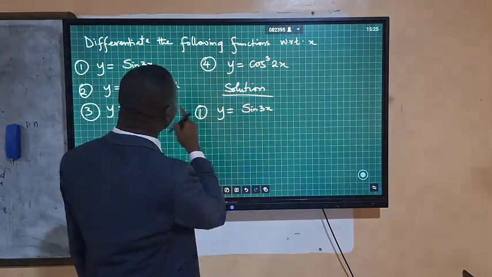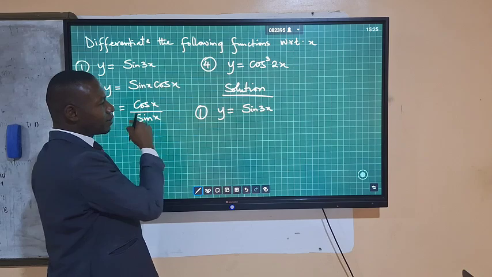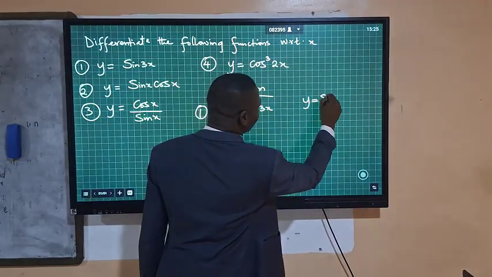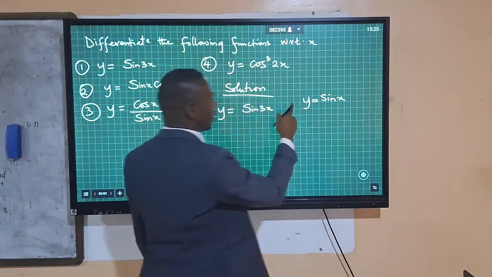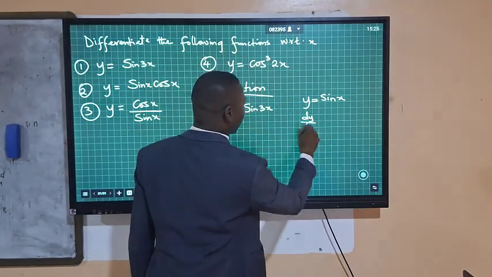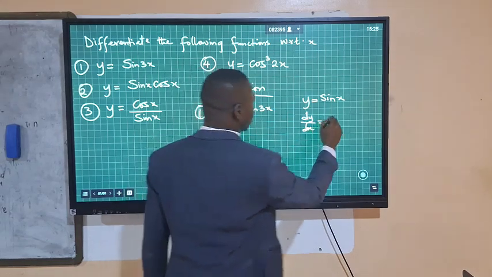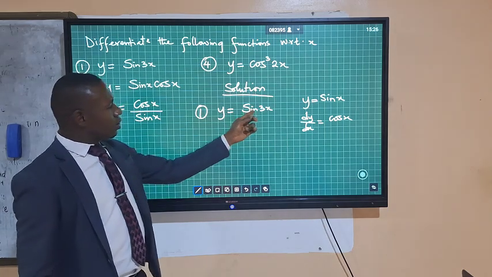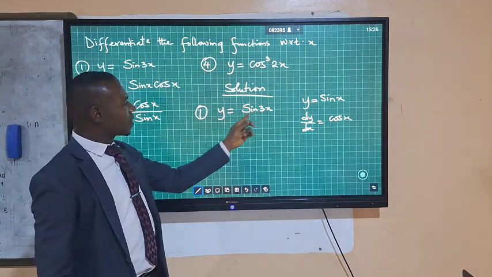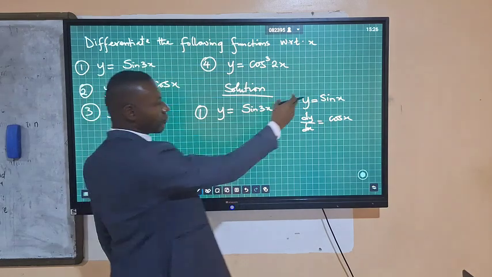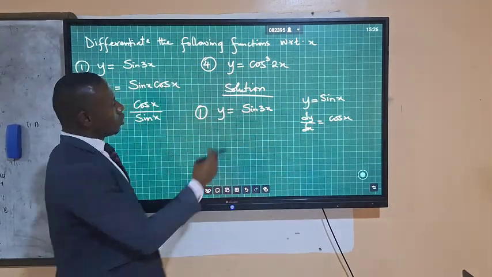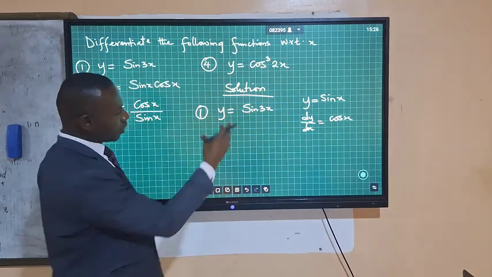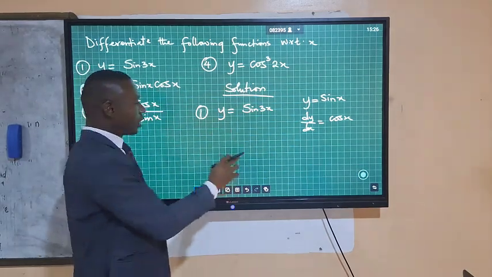Now, if you revert back to our derivative table, when you differentiate sine x, then we say that dy over dx will give you nothing but cos x. But in this case, can you see we have sine 3x, so it's different from this. We have to apply our chain rule. Of course, we have done chain rule, we are familiar with chain rule, and we have a video on chain rule.